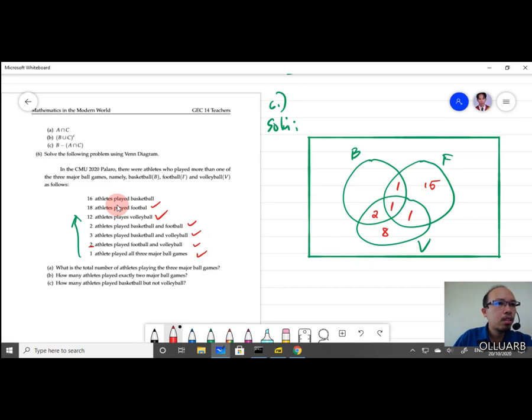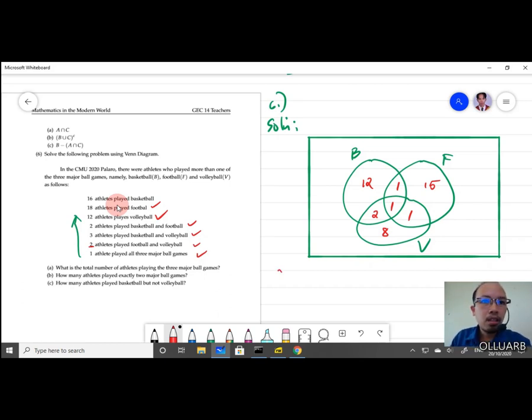And then 16 athletes played basketball. 16 minus 4 is 12. And as you can see here, there's no other given. So meaning to say this is it.